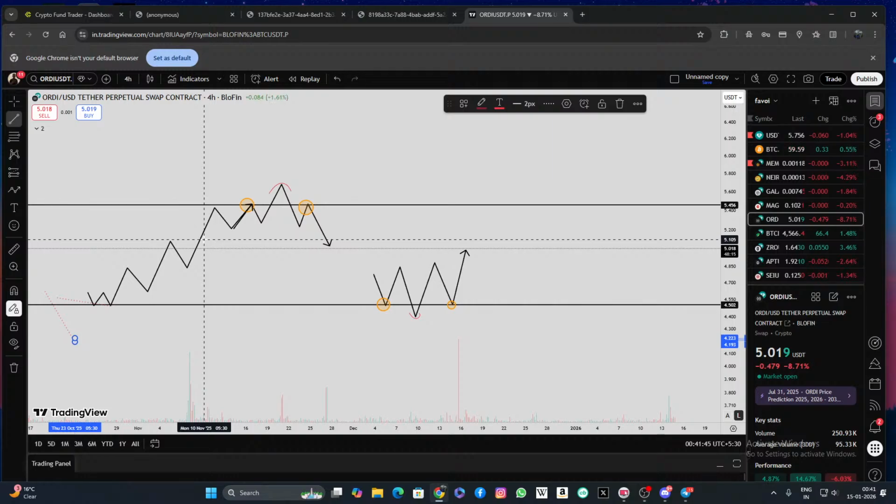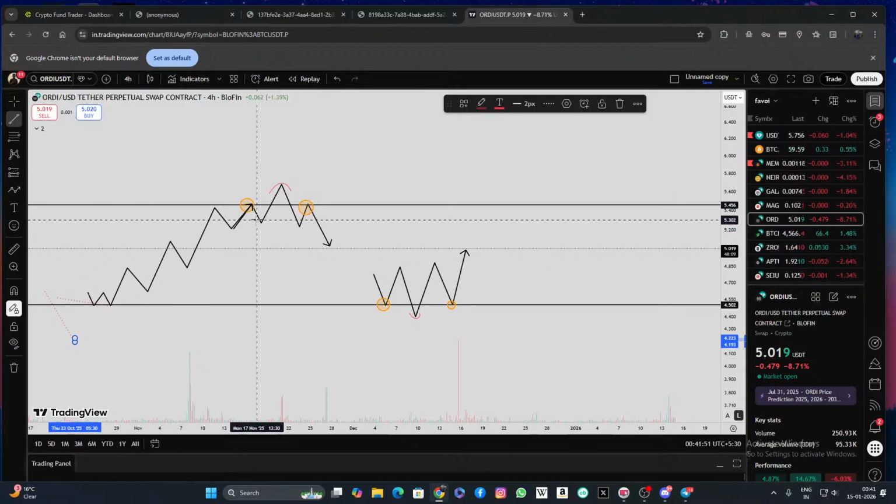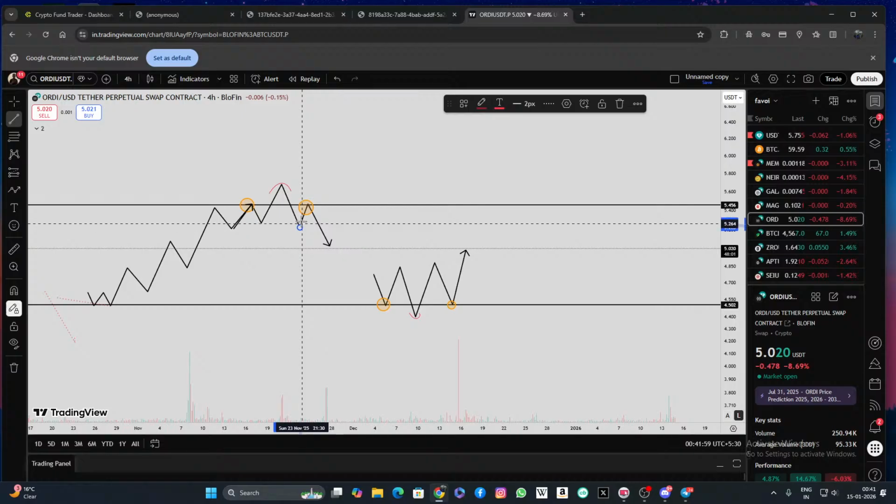So what the market does here is go in an uptrend, but after making this new high, it made a new low, or it can also make an equal low, something around here. But at that very moment, the market started to lose its momentum. It means the big players exited.